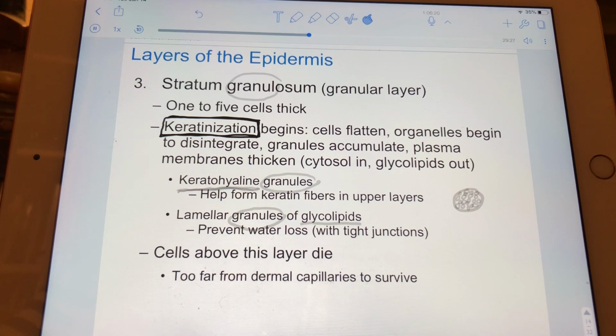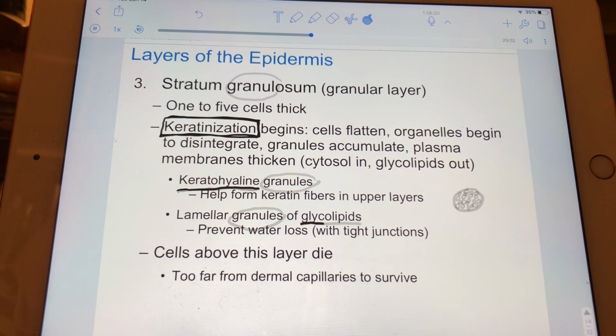In other words, they're going to assume their squamous shape, that shape that we see apically, okay? The organelles are going to be displaced, the cytoplasm is going to be displaced, and we're going to accumulate vesicles, okay?